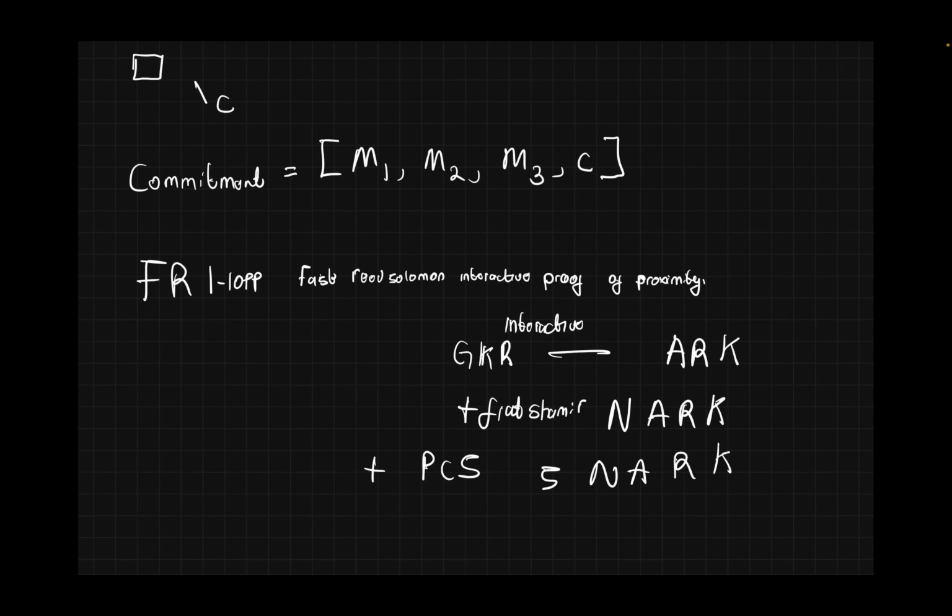So that transparency is just them trying to distinguish themselves, because at that time everybody was using trusted setups: Groth16, Plonk, everybody. So they were trying to say, we don't use trusted setups here. That's why they put that T, transparent.